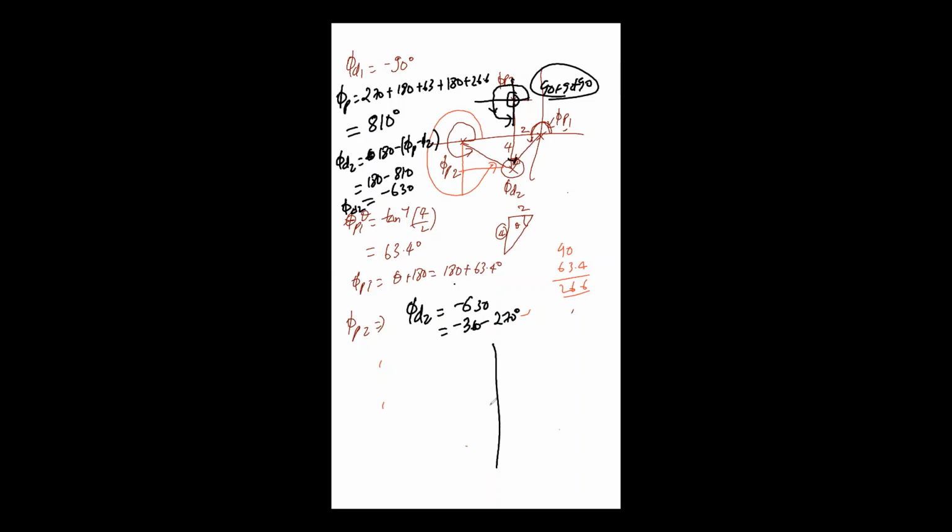So if this is my pole, for phi d1 we have got minus 90 degree, and for phi d2 we have got minus of 630 degree. So minus 90 for this will be like this. The root locus branches will go towards the downward direction. By symmetry, you can directly draw like this, because if this is going down and the root locus is symmetrical about the real axis, then you can directly draw. You need not calculate all of this, but you still need to be assured for your understanding purpose. That's why I have shown it to you.